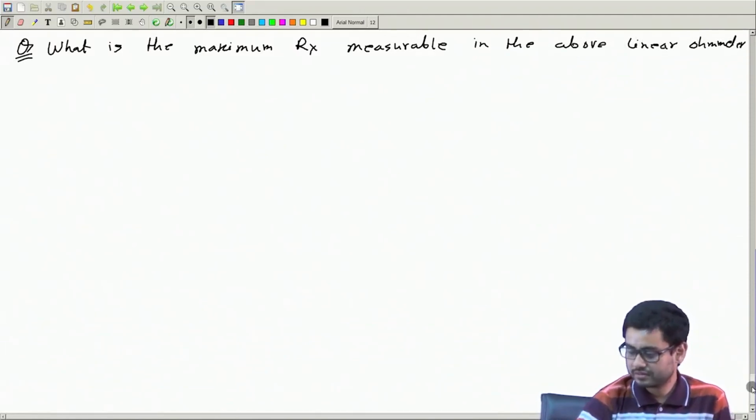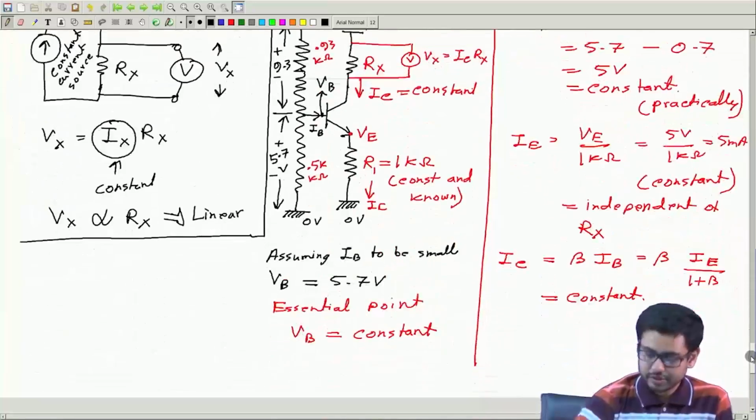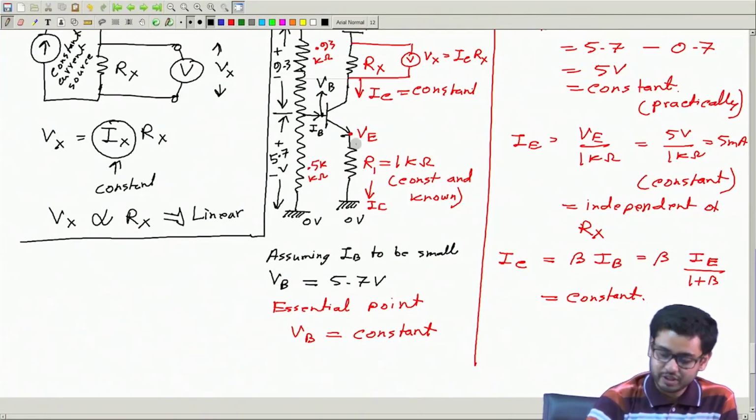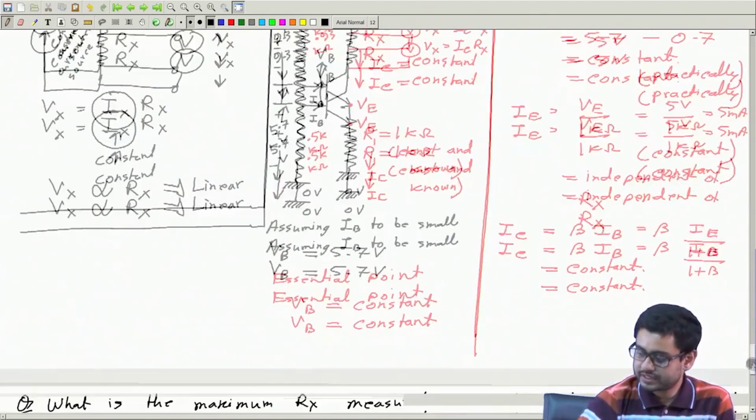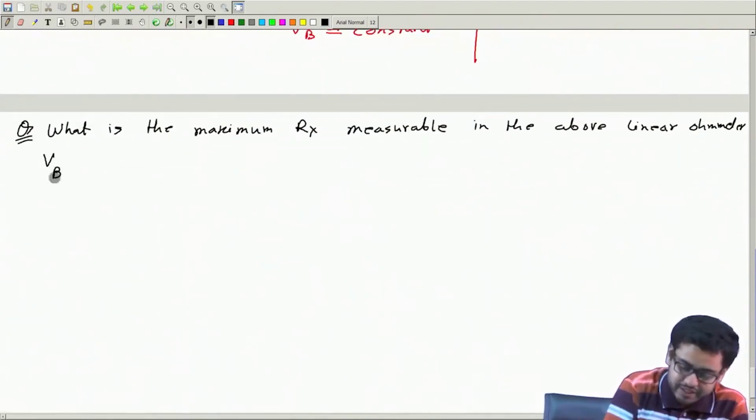The answer is very simple. We know VE, this point, is at 5 volt. Oh, this is at 5.7 volt. So let us start from the base voltage, V base is equal to 5.7.